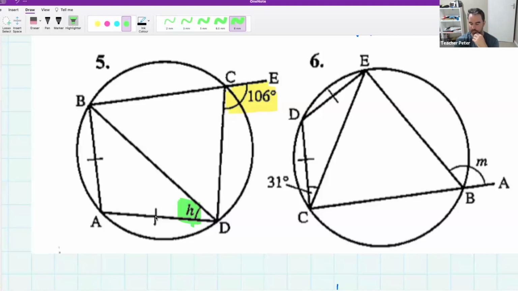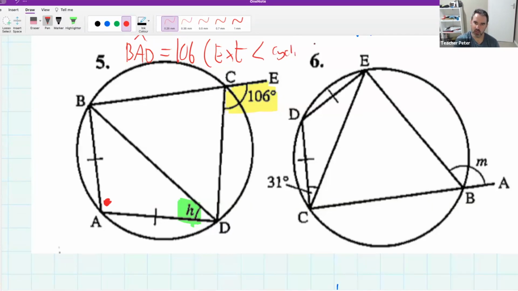Atlechang, I agree. I would find angle A. What do you think angle A is going to be? I think angle A, or if I wanted to name it using the full thing, B-A-D, is going to be 106, and that's going to be exterior angle cyclic quad.